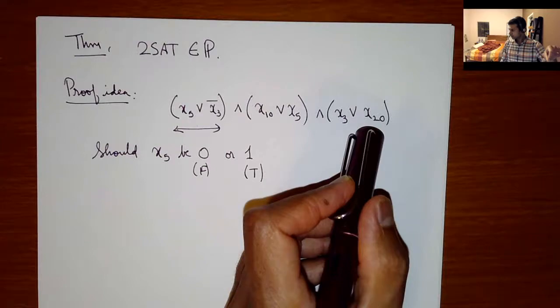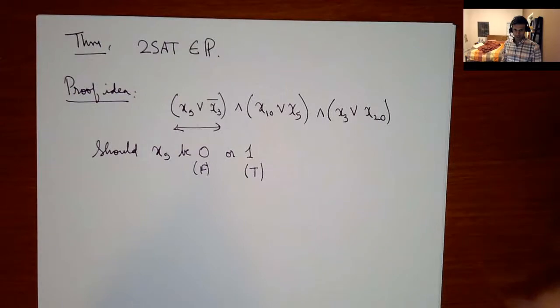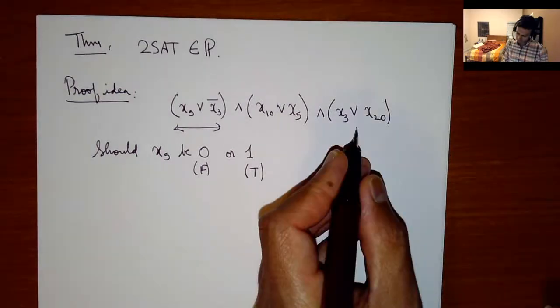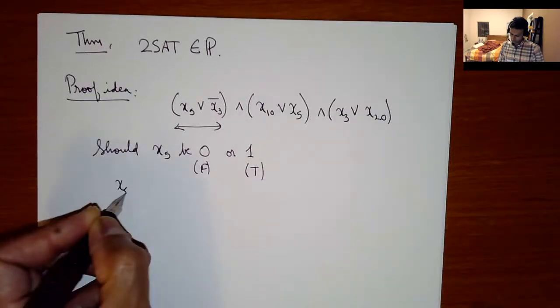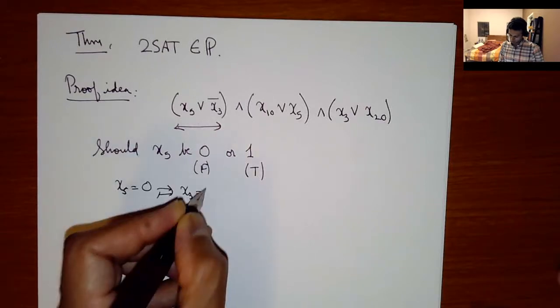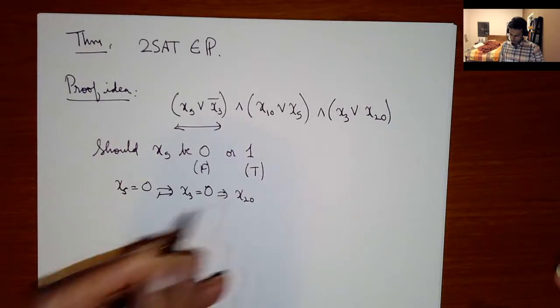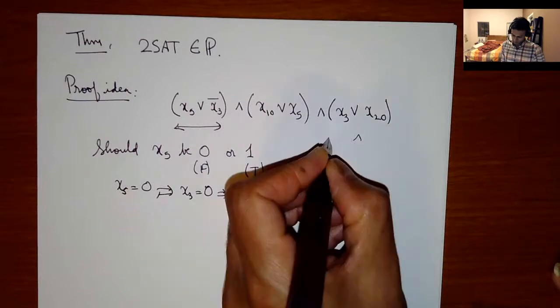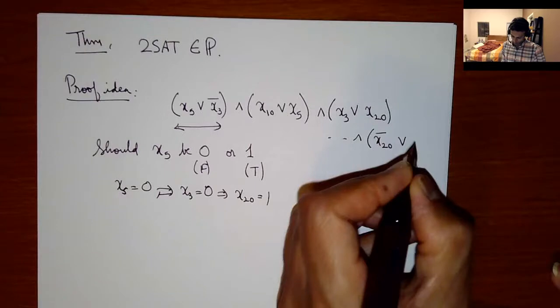So every time you make a choice of a variable, what could happen is if you follow this process, so let's just say we said x5 was 0, that implies x3 is 0, which implies x20 is 1, and then maybe somewhere down the line you have x20 0 or x5.